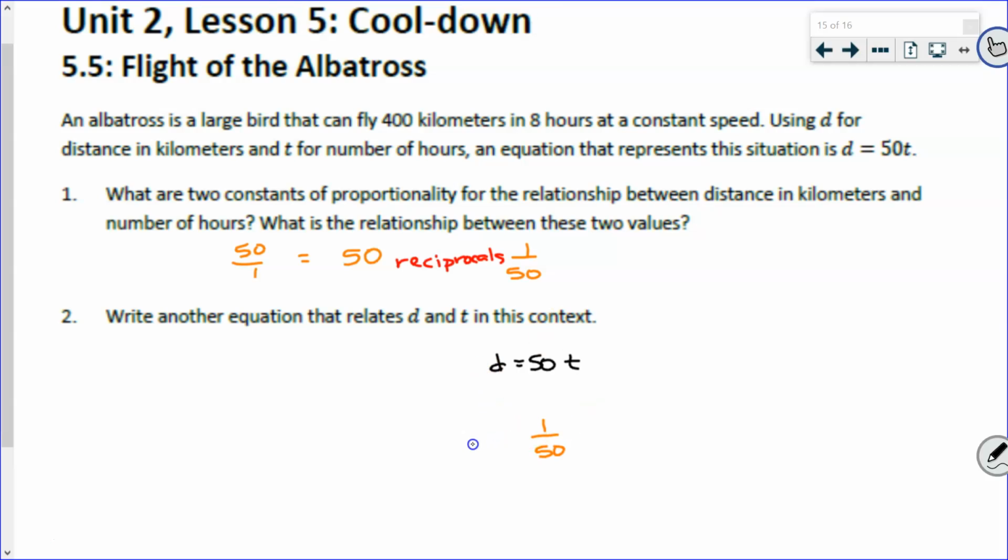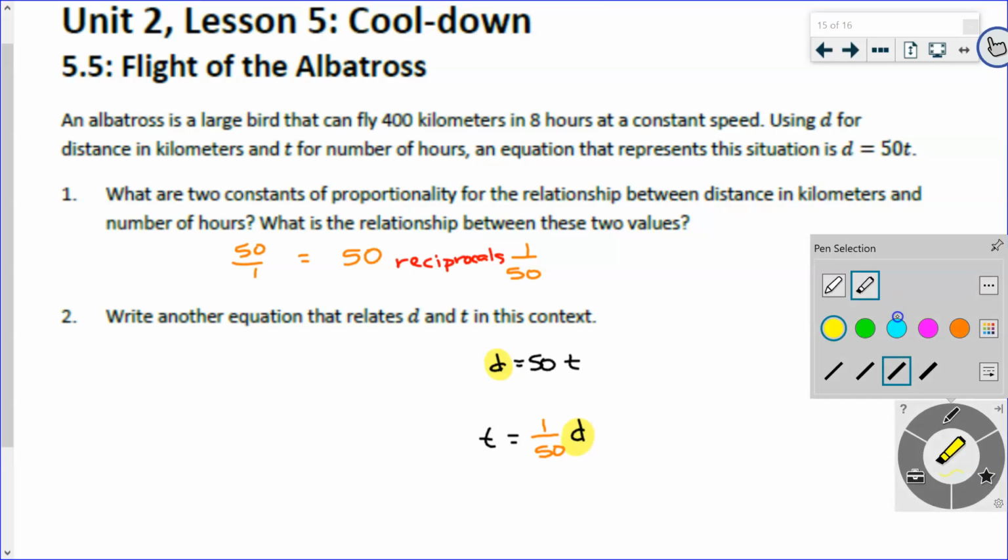Are you brave enough? I've heard, Trinity. Perfect. T equals 1/50th d. Here d is alone. Now, in the other equation, d isn't alone because t is alone. We did it. We made it.